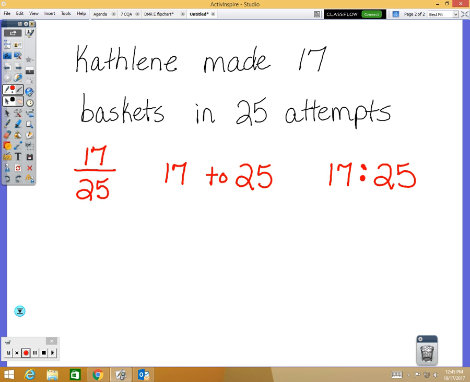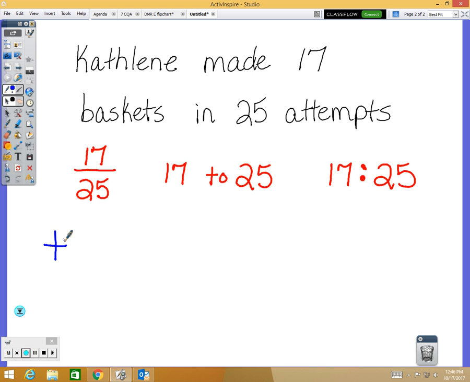So again, these are called ratios. A ratio is a comparison of two quantities, two numbers, two amounts, using division. Now, a fraction is division, 17 divided by 25. That's technically what this means, okay? And again, these are the three ways to write it.